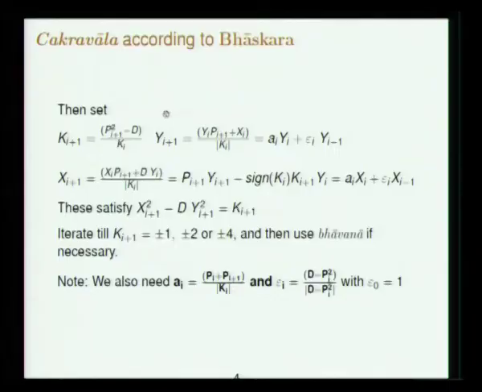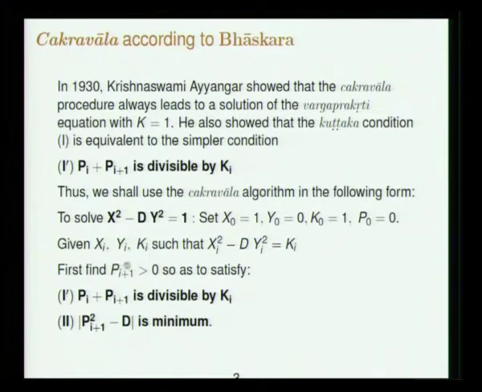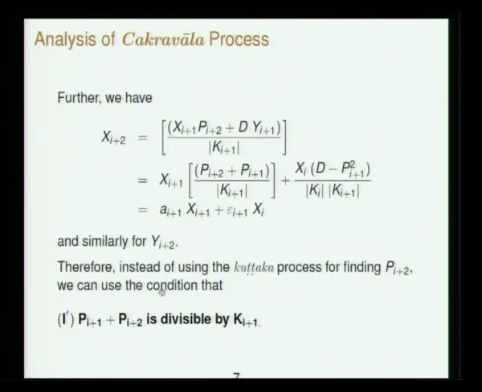He showed first that the algorithm is well defined, that these quantities are all integers if you start with an initial situation. Then he showed that the Kuttaka condition is equivalent to a condition like this. So this algebraic relation shows you that ai is an integer if and only if pi plus 1 by ki plus 1 is an integer, and that is what gives you the equivalence between the two.